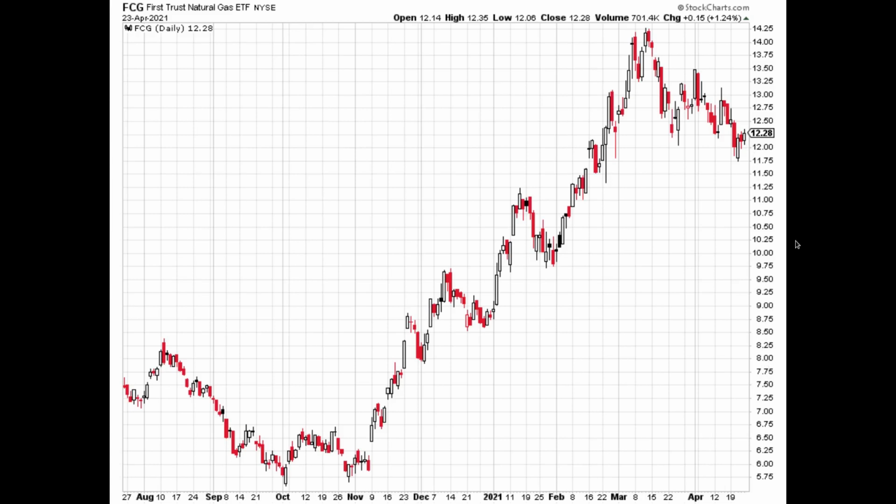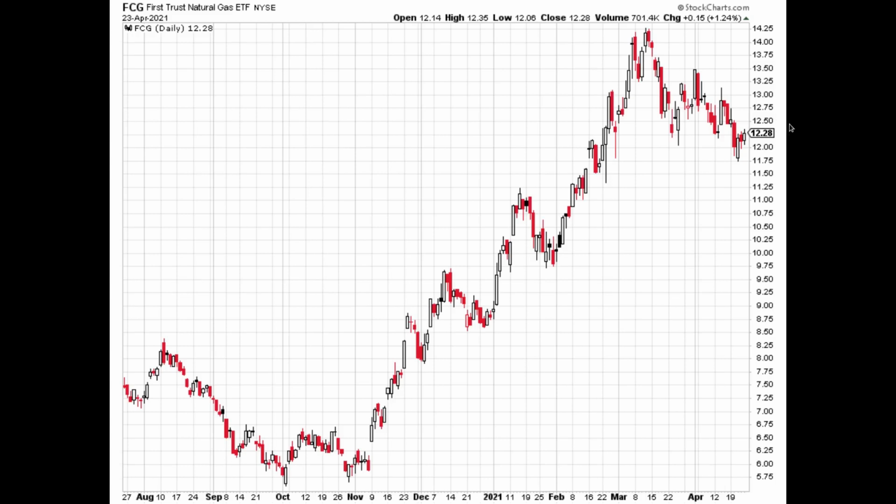In any case, buying this ETF and gradually building a position in it is a good idea, in my opinion. Of course, this is not a recommendation. It's just my personal opinion, and I can be wrong. But that's the strategy that I would personally deploy.